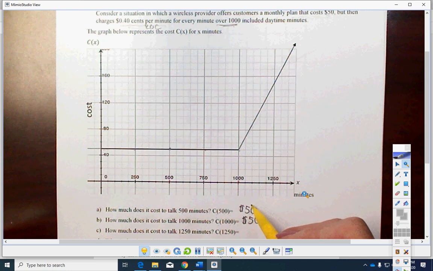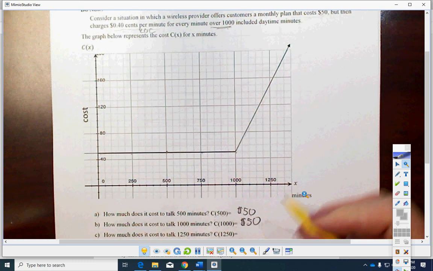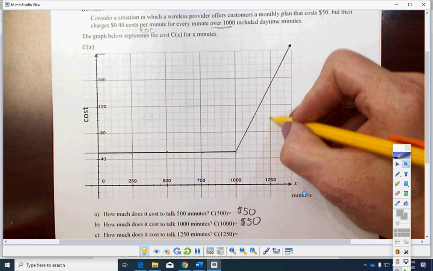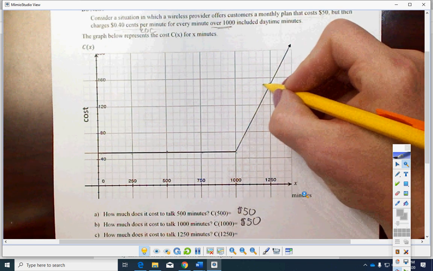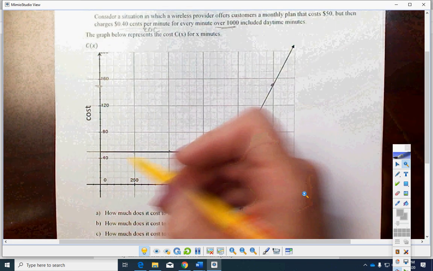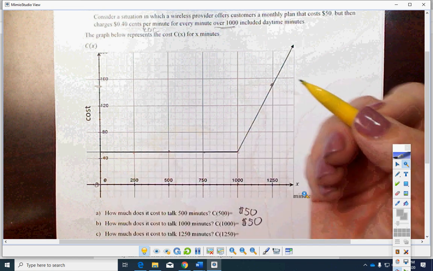But now, how much does it cost to talk 1,250 minutes? So let's just see where this hits the graph, and let's see where that y value is. Let's be careful and see what our scale is going by. This is really 0. The 0 is kind of floating out there.